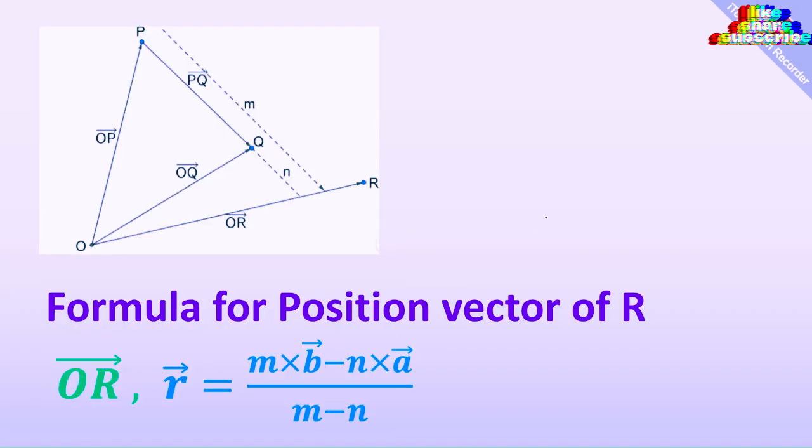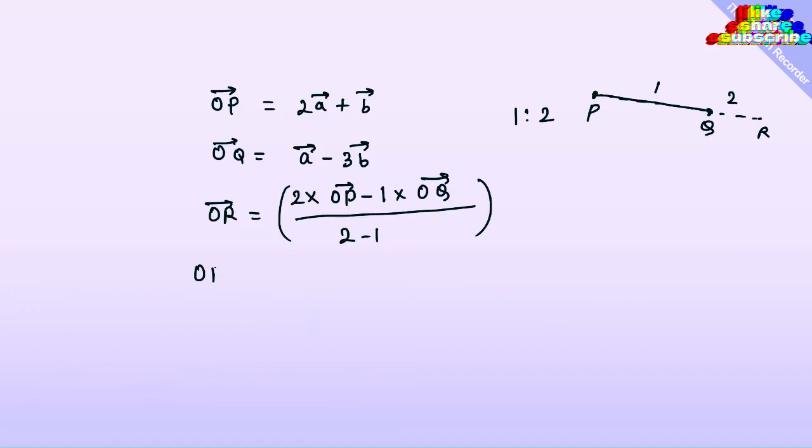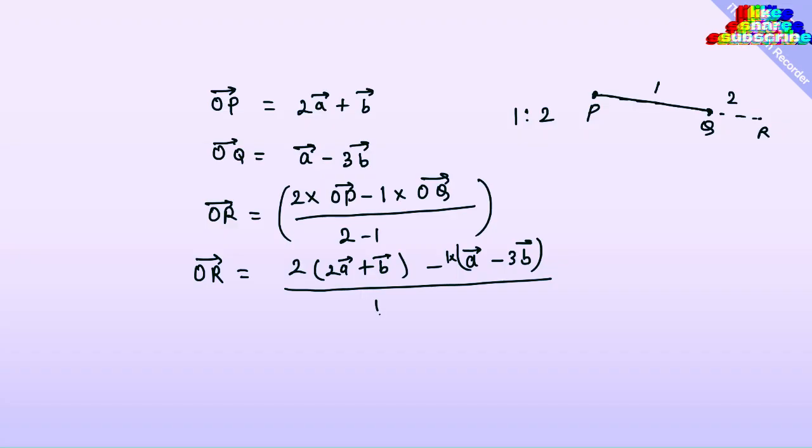Now we can write OR vector is equal to 2 times 2A plus B vector, minus A minus 3B vector, over 2 minus 1, which is 1.